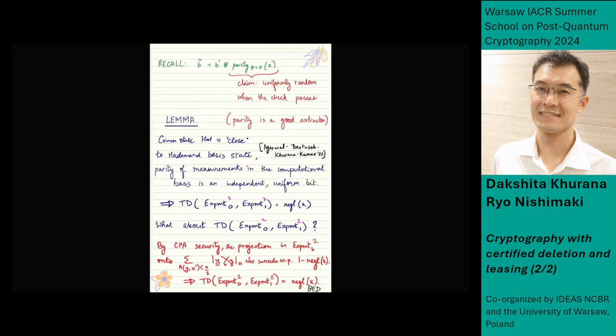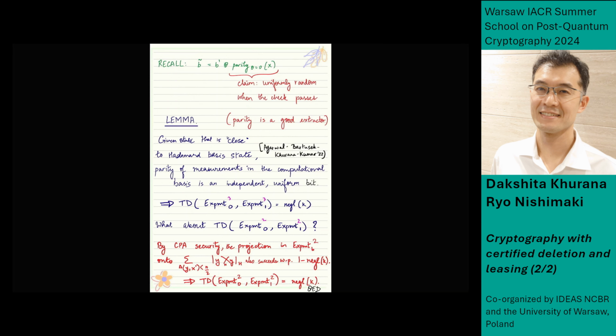So if a certificate passes the verification, the masked part is the XOR of all x_i where the basis choice theta is equal to 0, the computational basis part. That XOR part is completely uniform random, so we can mask the information b using the computational basis part.